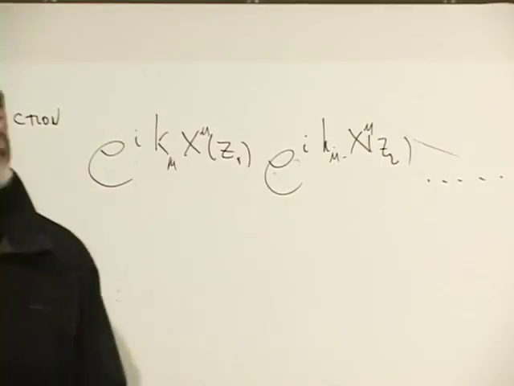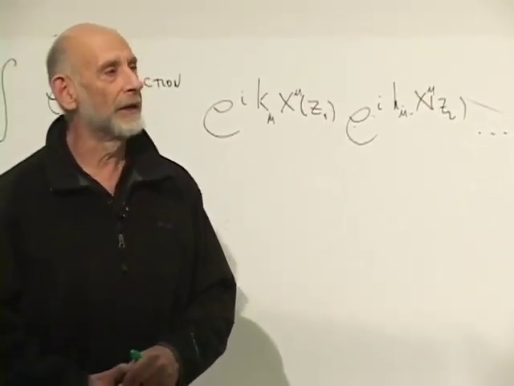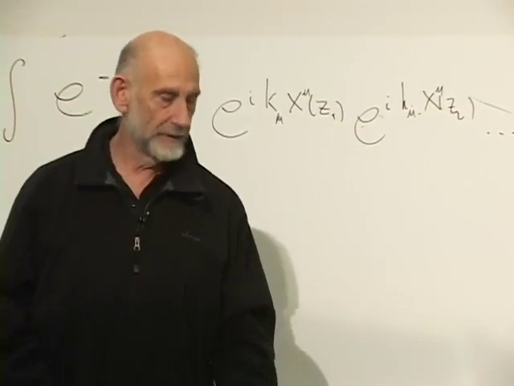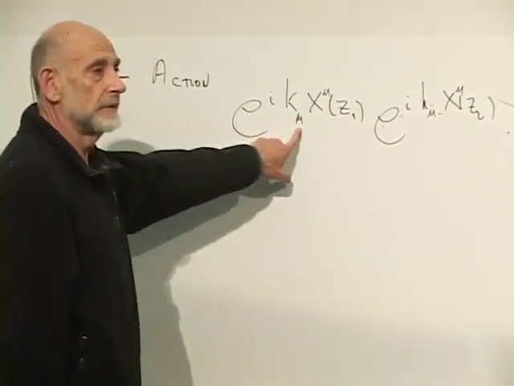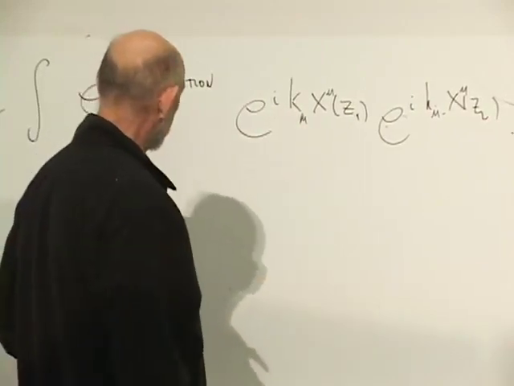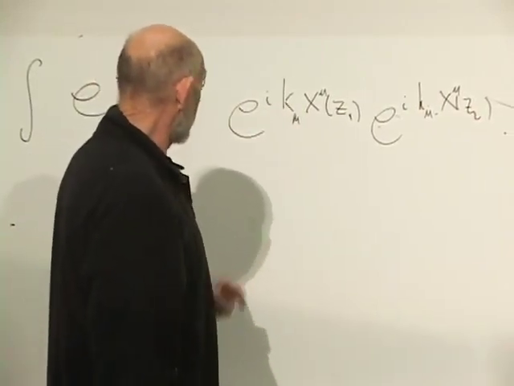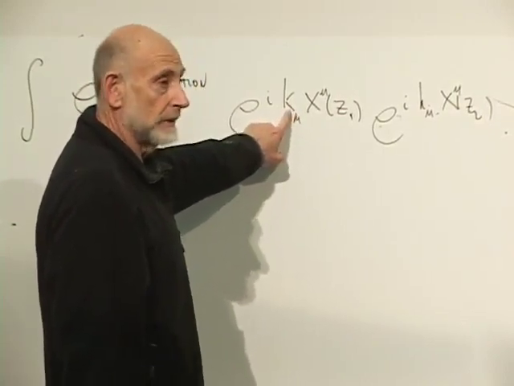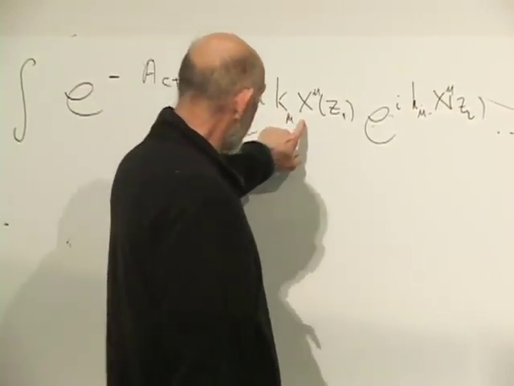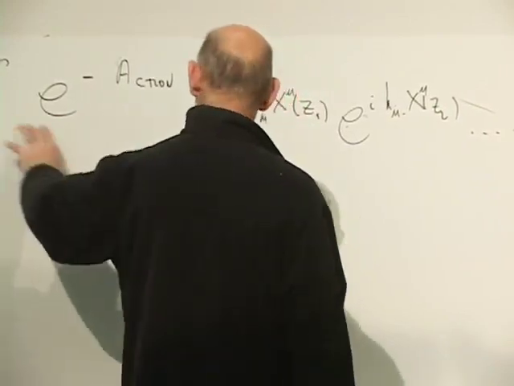Question. The momentum is a vector, right? K mu, that's why there's a mu there. Okay, and then the direction is related to the x sub z's? No, the direction of the momentum is here, these are the components of the momenta. The x's which appear there get integrated over.